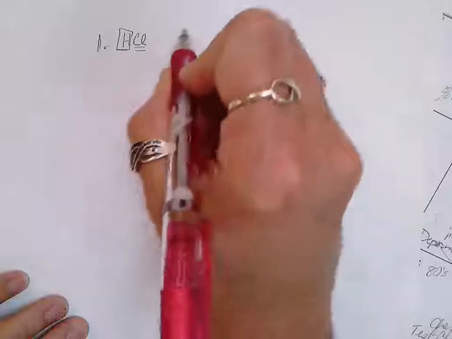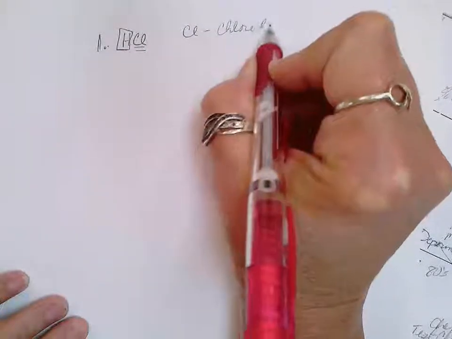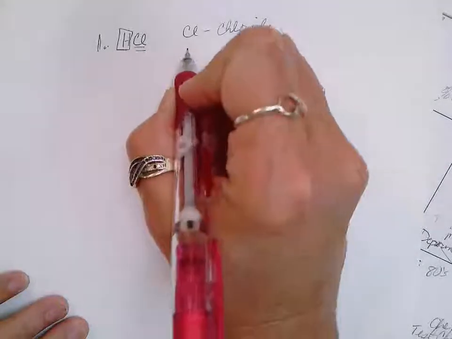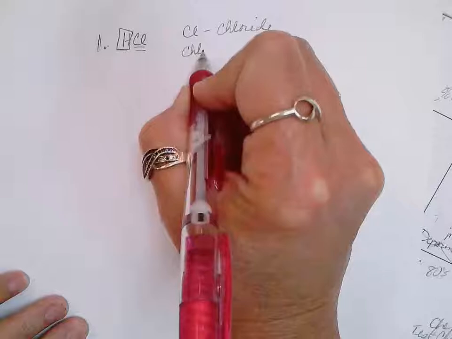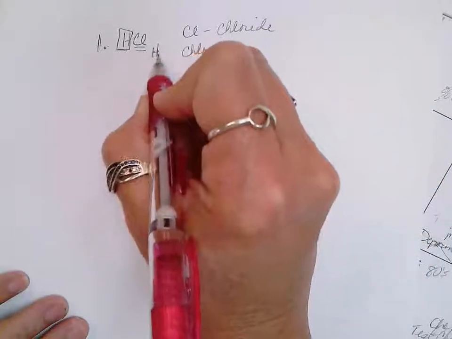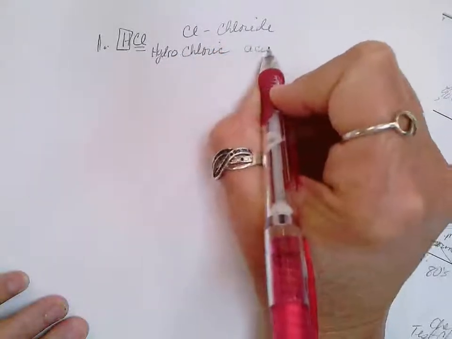Then if I were to name this, it would be chloride. Since it's in an acid, we call it chloric, and we add the word hydro, and we add the word acid.